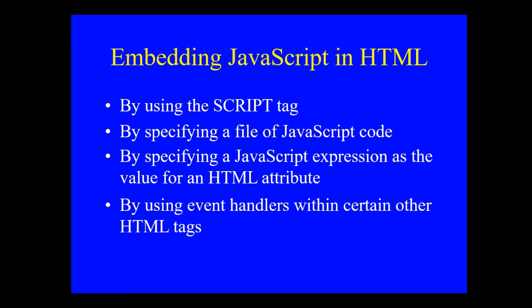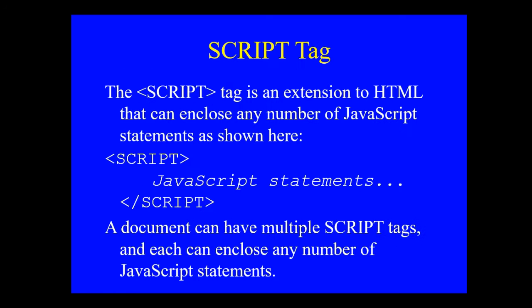Embedding JavaScript in HTML, or hypertext markup language, can be done by using the script tag, by specifying a file of JavaScript code, by specifying a JavaScript expression as the value of an HTML attribute, or by using event handlers with certain other HTML tags.